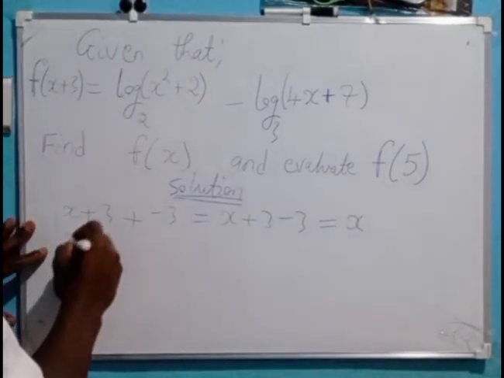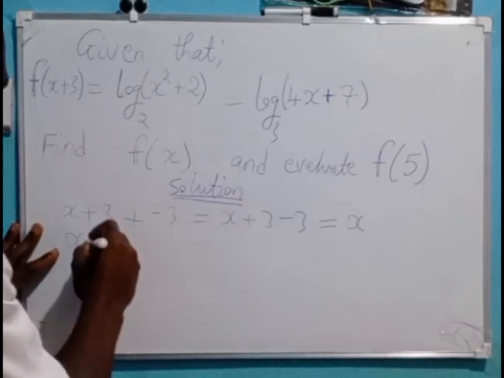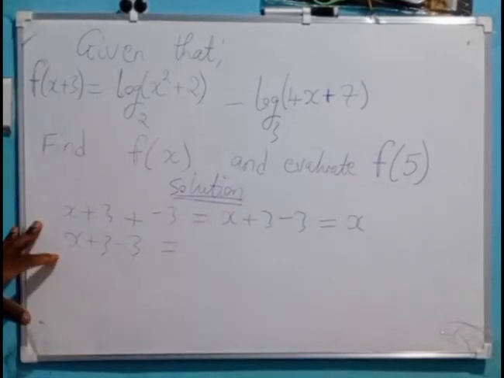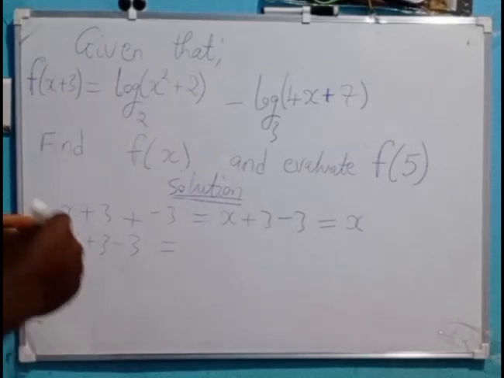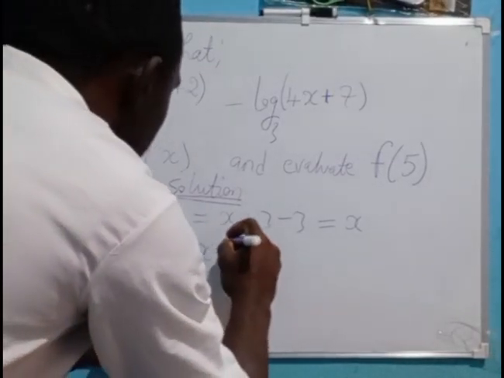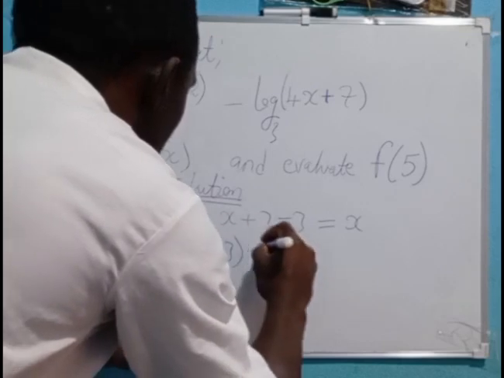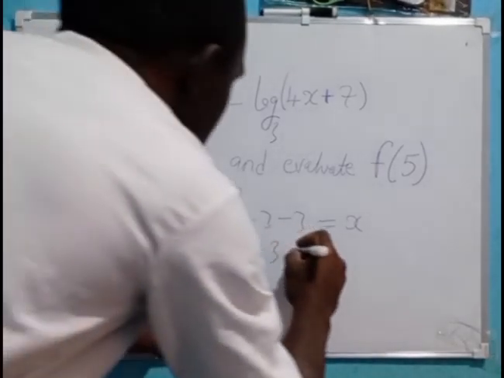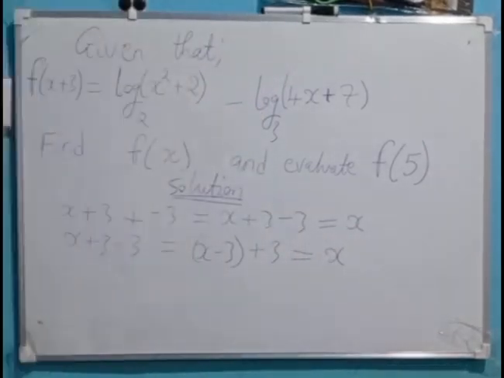If we take this x plus 3 minus 3, we can group x and negative 3. This will give us x minus 3 plus 3, which will still be equal to x.